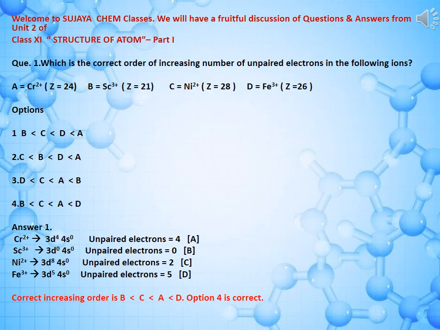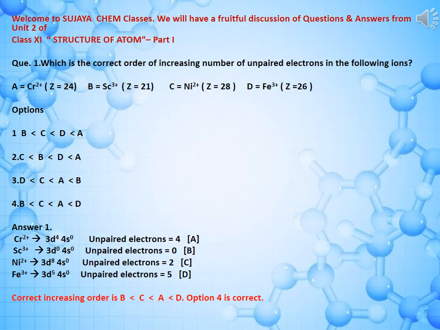Scandium, Sc: 3d1 4s2. Nickel: 3d8 4s2. Iron: 3d6 4s2. Now, from these elements, atoms of these elements, we need to knock out electrons.